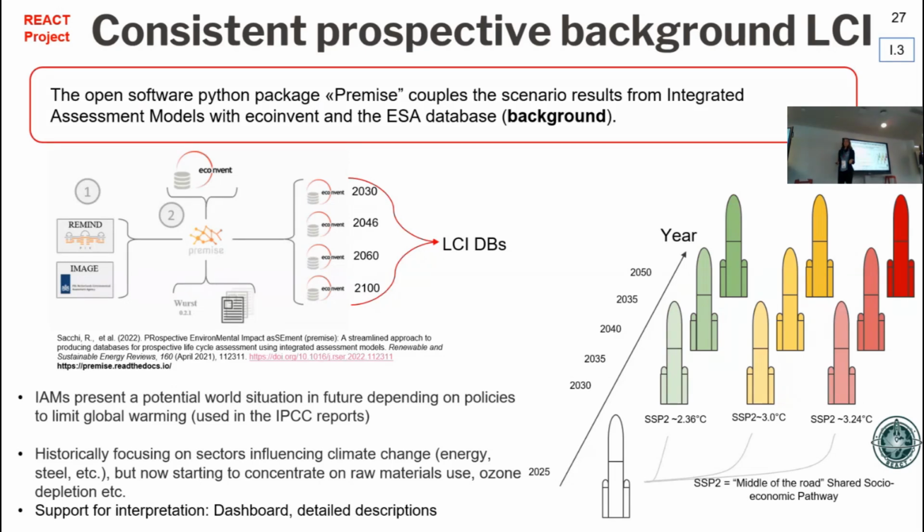We don't have time to go into detail, but just for you to know that we describe that in our user manual and in the documentation. And there is also a dashboard which shows how these different scenarios look. The only thing we do is we say that using historical data for something which will happen in 10 years is wrong. So we try to get results from such models which are out there, which are used in the IPCC report, for example, to couple them with our LCA.